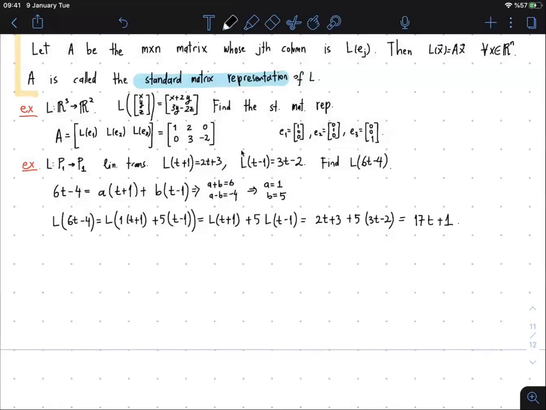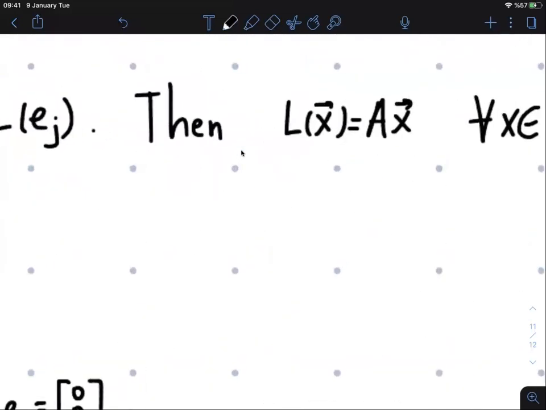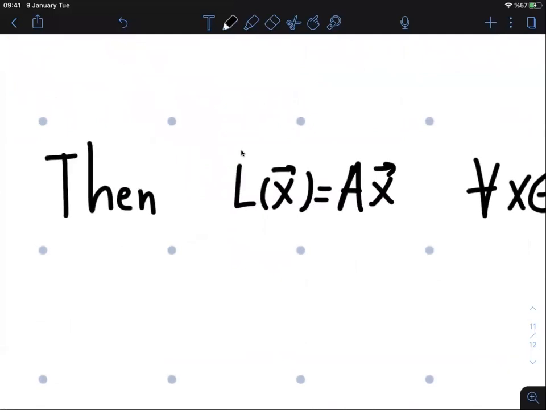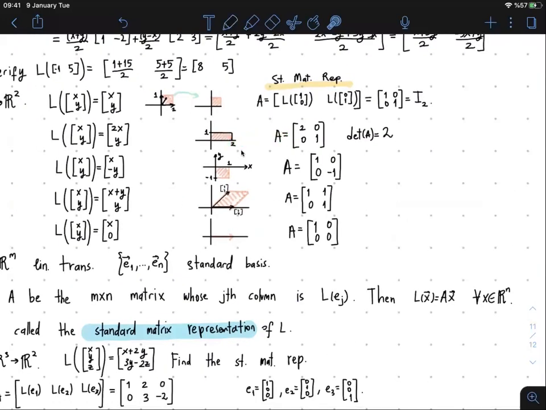No? How does the standard matrix help us? I didn't say it, right? I didn't say anything about it. So the standard matrix, I mean, I said things about it. So the standard matrix makes this computation easy, right? To compute the L of something, you just multiply that something by A. So that gives an easy way, and it also makes this relation between matrices, determinants, and linear transformations.